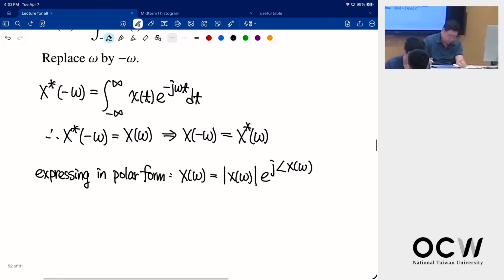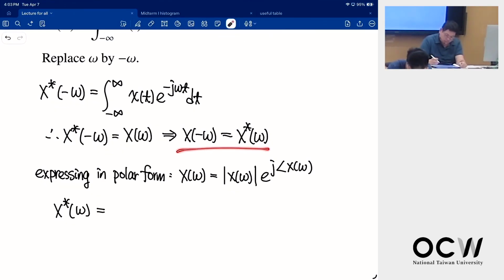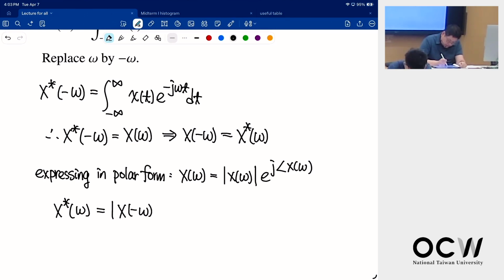And how about X conjugate? What is the magnitude? The magnitude of X(minus omega). And how about the phase?